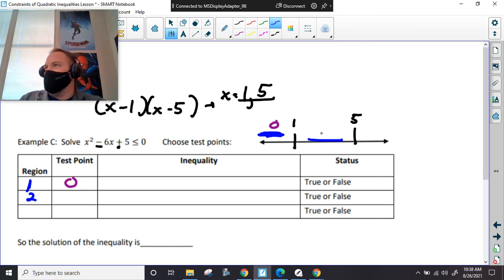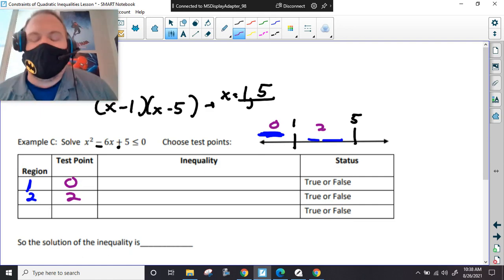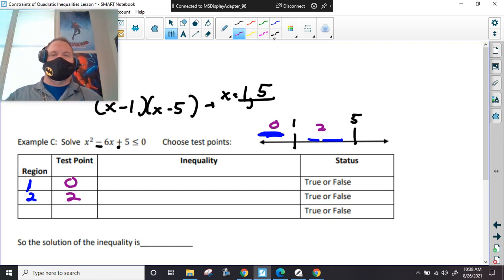Can we just do 2? Can we leave decimals out of this? I love the enthusiasm for 2.5, but I don't want to do that, because somebody will ask where a 2.5 came from.